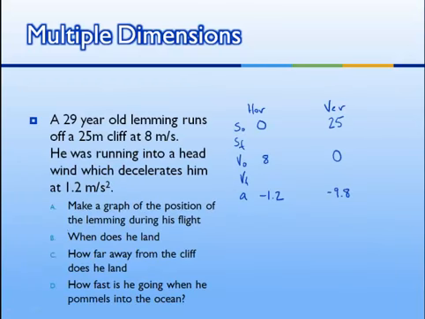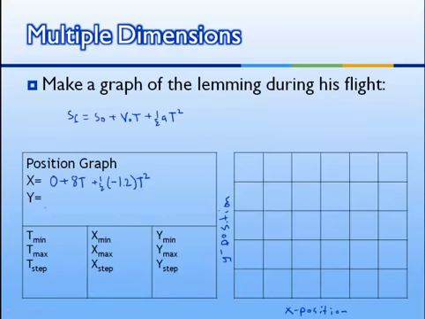Vertically, if we look back, the initial position vertically was 25. The initial speed was 0, and the acceleration was the familiar negative 9.8. So our y equals equation will be 25 meters high plus 0 for an initial speed times time plus 1/2 times negative 9.8 times t squared.